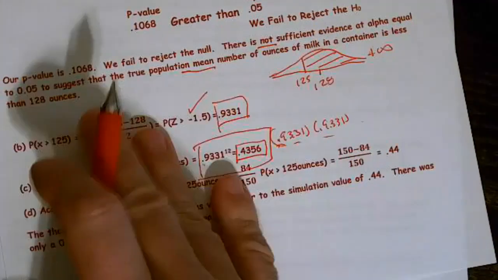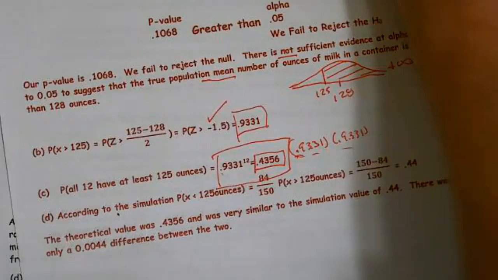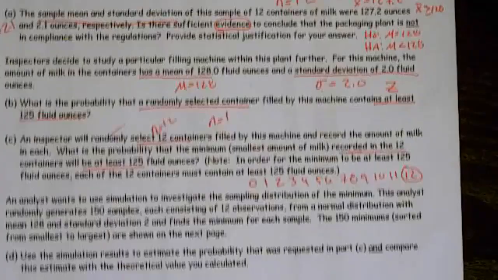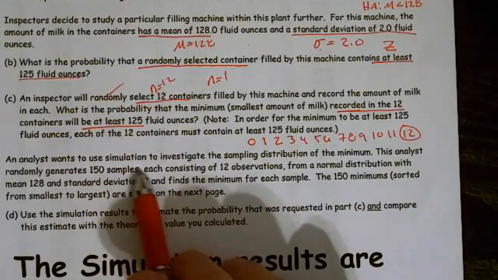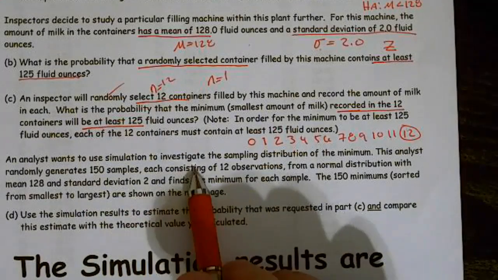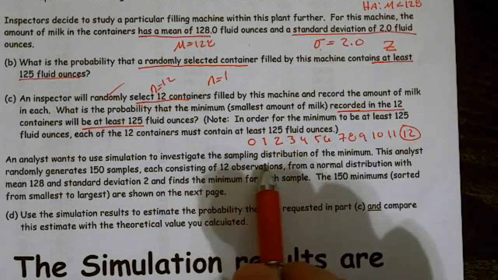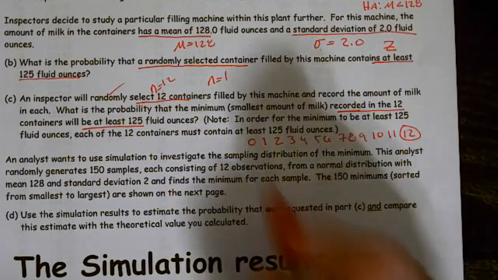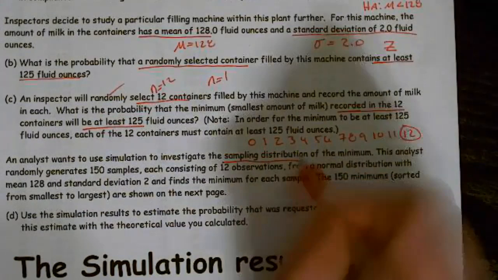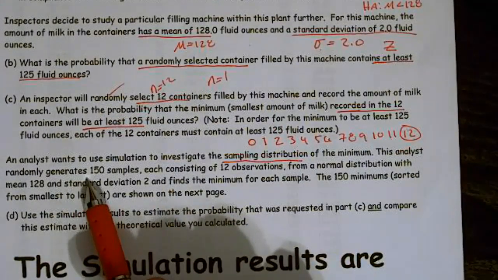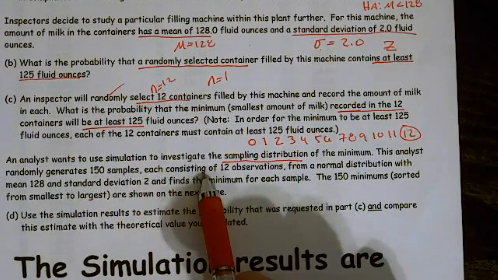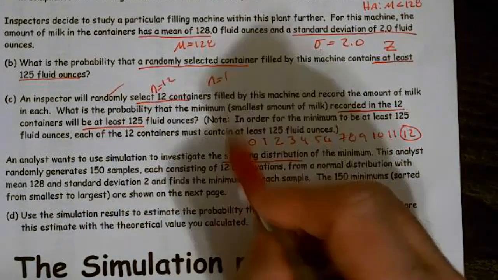Okay. Of course, some statistician was a bit bored and we had to add more to this problem. An analyst wants to use a simulation to investigate the sampling distribution of the minimum. This analyst randomly generates 150 samples, each consisting of 12 observations.